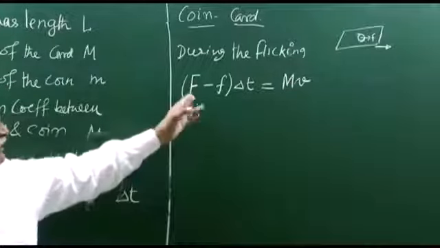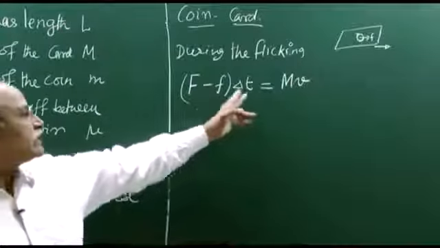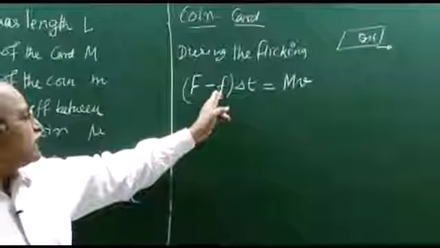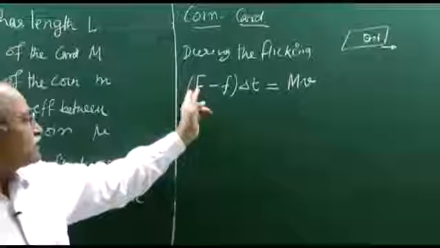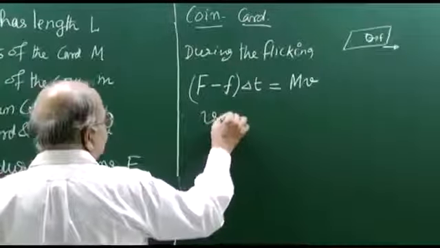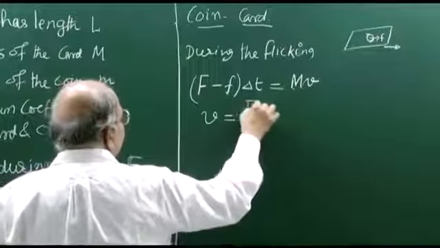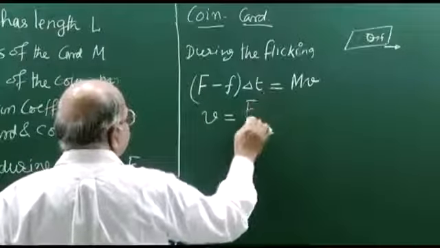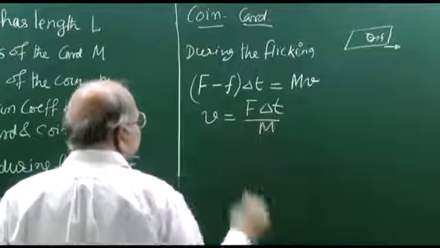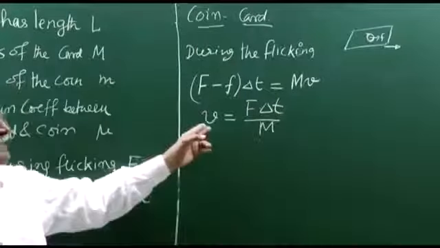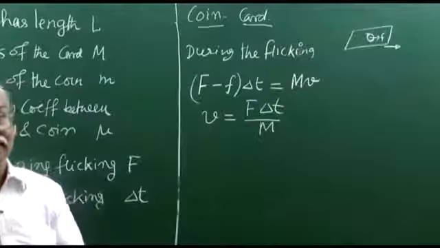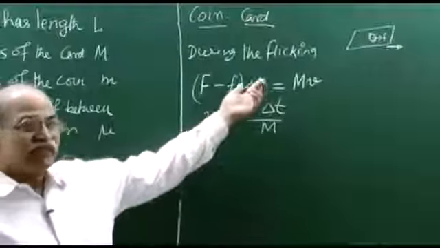And since this F is supposed to be large, this delta t is small, but this F is large, hence you can neglect this friction f in presence of this F, and then you have velocity v equal to (F minus f) delta t divided by M, approximately F delta t divided by M. So, that is the velocity gained by the card just after the flicking, and this delta t is very, very small.